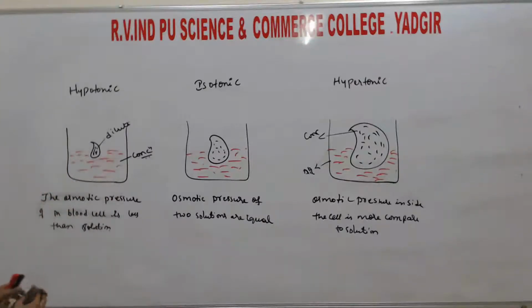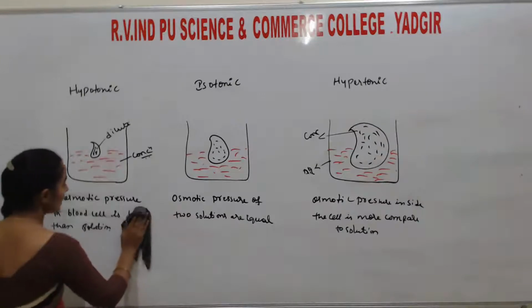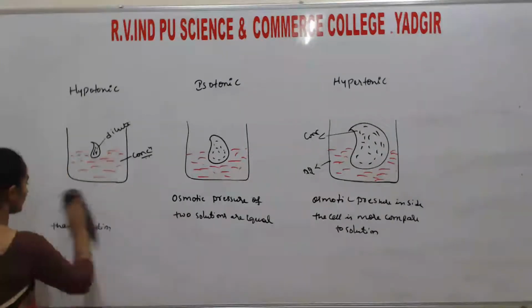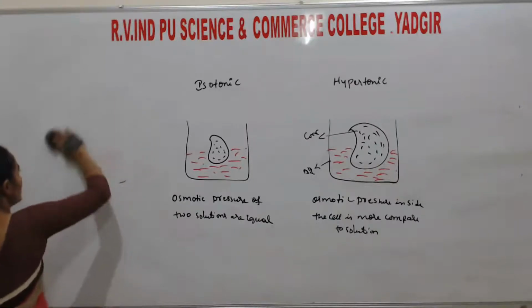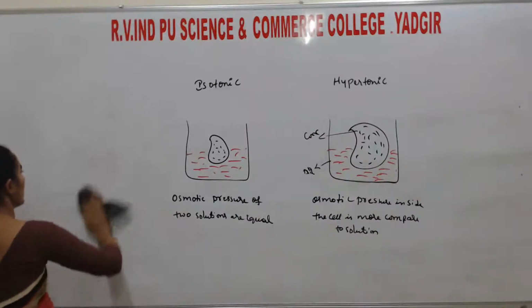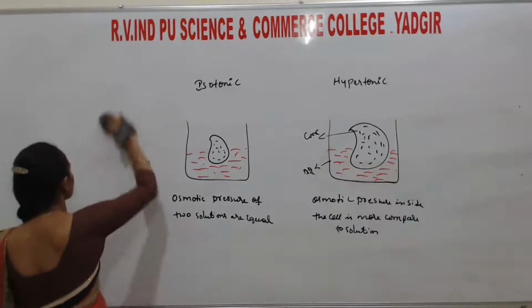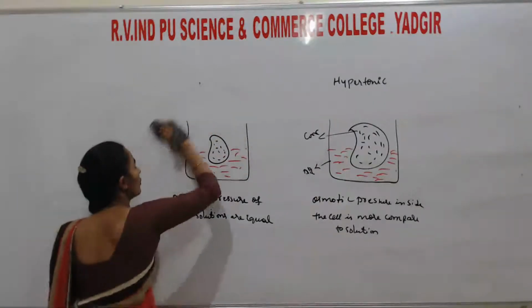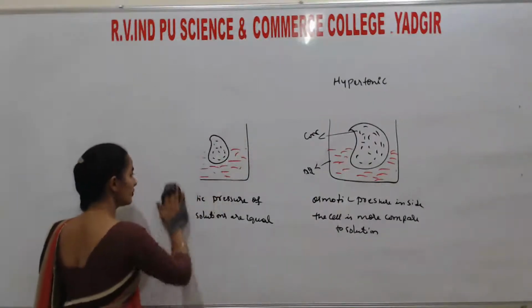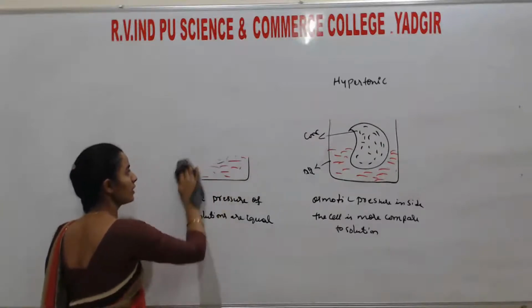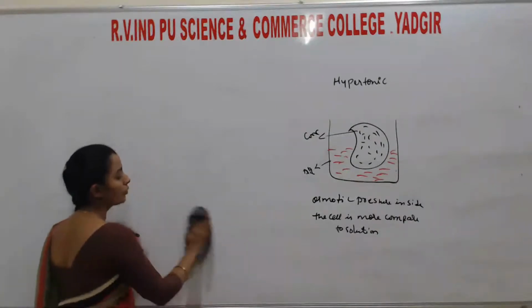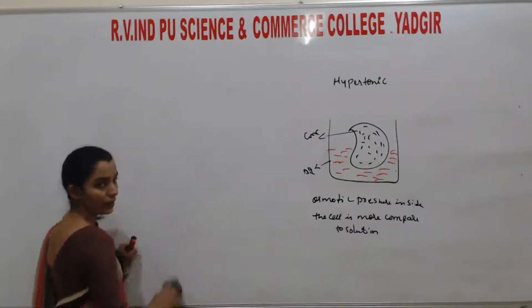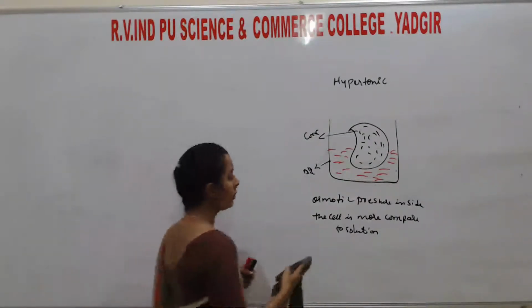Okay. So another thing is reverse osmosis. What is reverse osmosis, students? I think you all know about it. Sometimes if you observe the advertisements of any water purifier, they say they are RO purifiers.